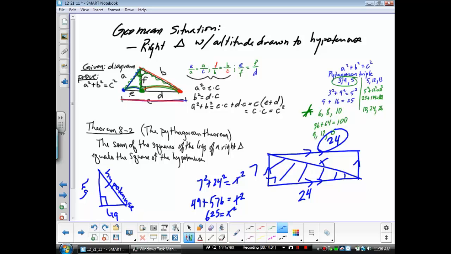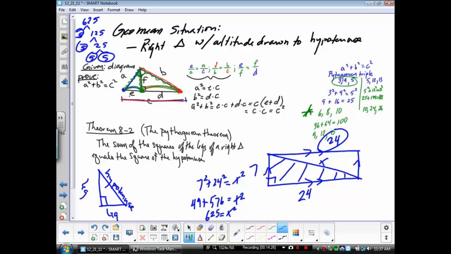So here off to the side, let's look at the factor tree for 625. I know that 5 goes into that 125 times. And I know that 5 goes into 125 25 times, and I know that 25 is 5 times 5. So I have 2 pairs of 5, don't I?